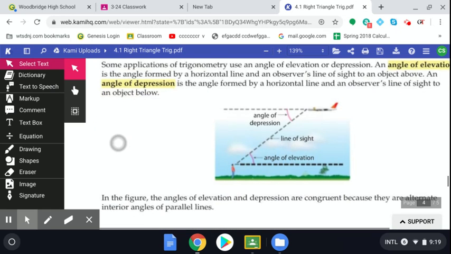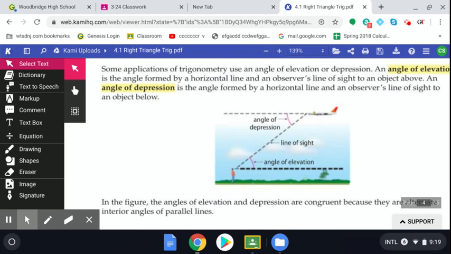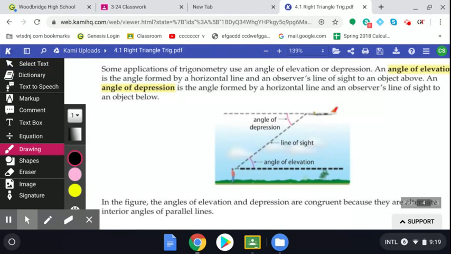Okay. Once again, you probably learned this in geometry. This should be a review. They're talking about angle of elevation and angle of depression. The angle of elevation is always formed by the observer's eyesight to the object. So this would be an angle of elevation.